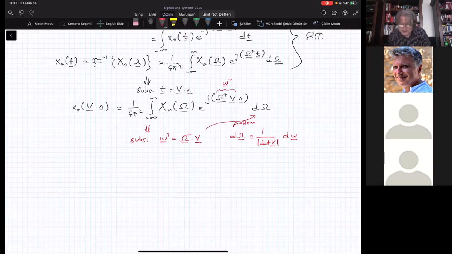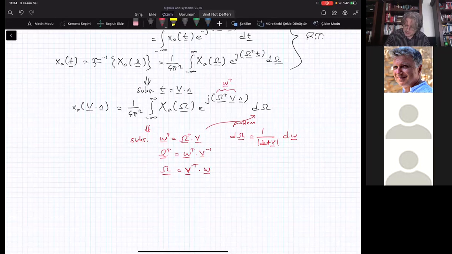So I have to make these two substitutions. I have to replace every omega transpose, or every omega, as omega transpose is equal to lowercase omega transpose times V inverse. And when you take the transpose of both sides, their orders are interchanged, and omega becomes V inverse transpose times omega.